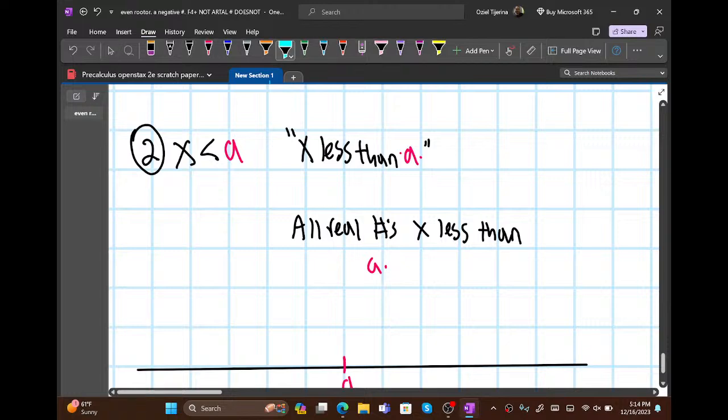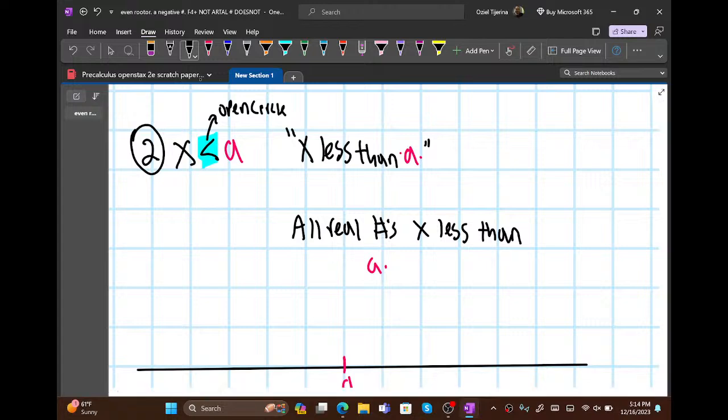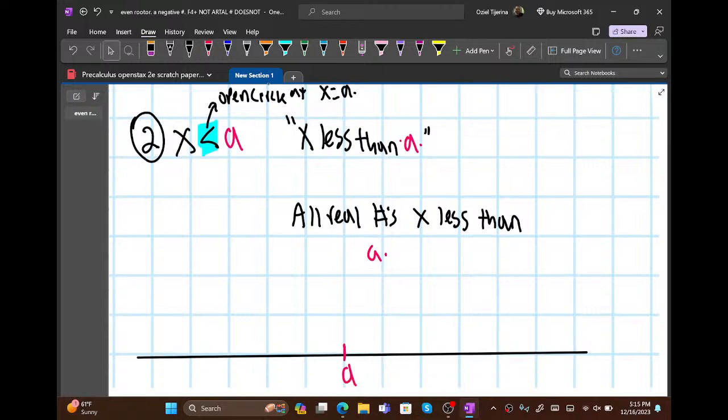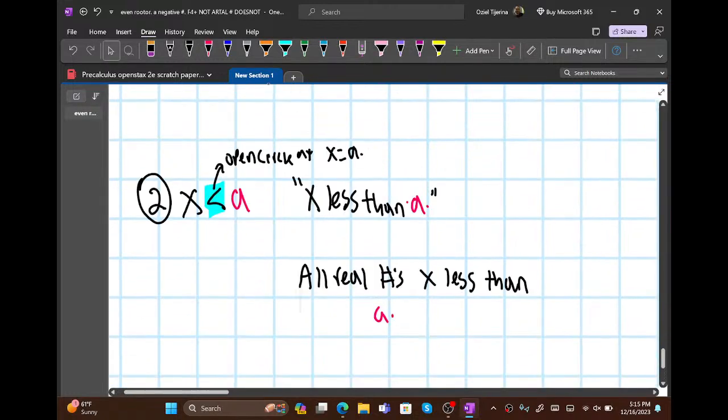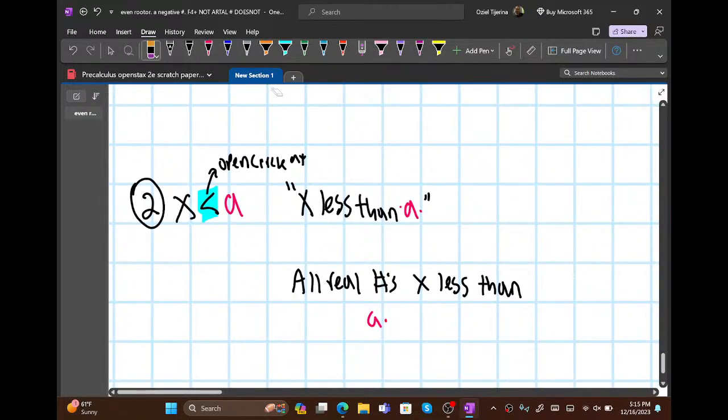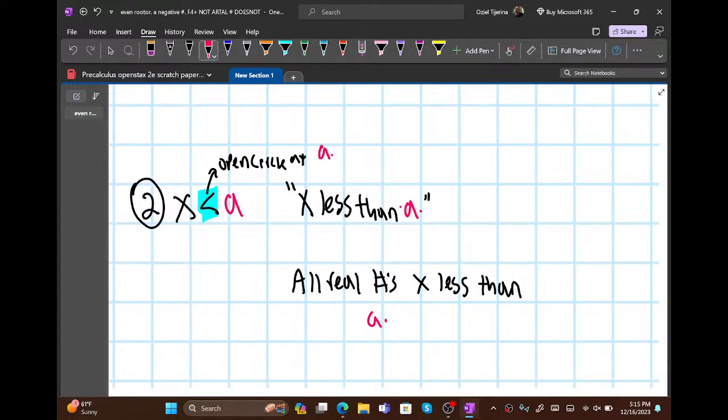So I know that x is less than A. This represents an open dot or open circle at x equals A. An open circle at A, right?